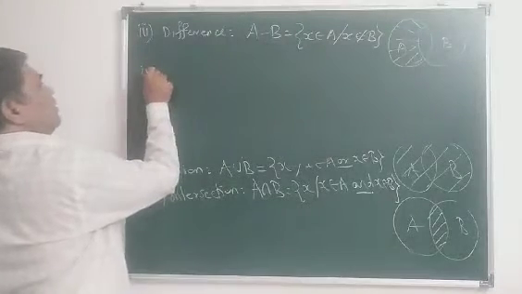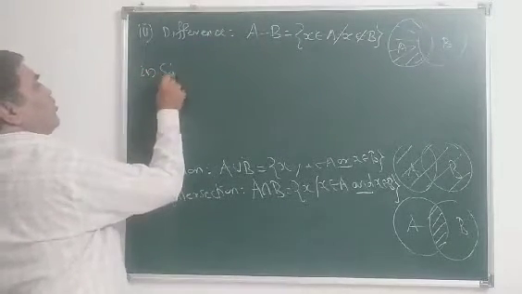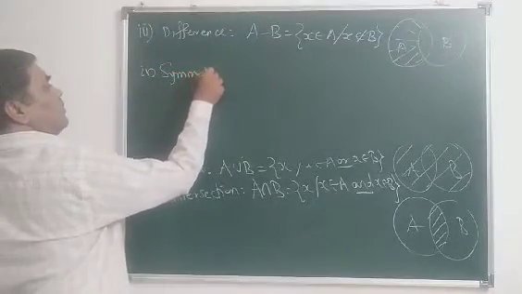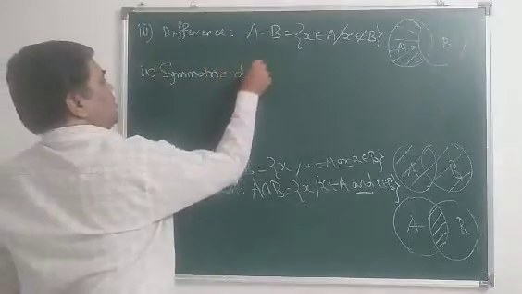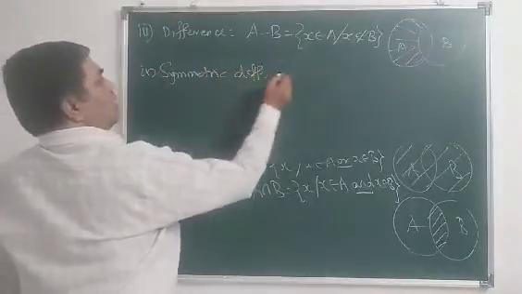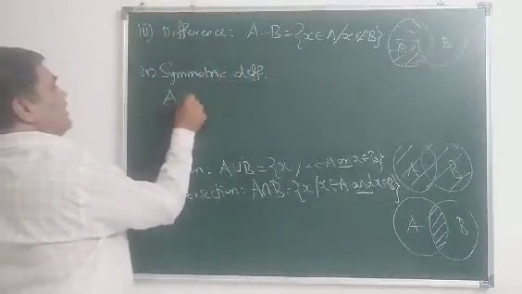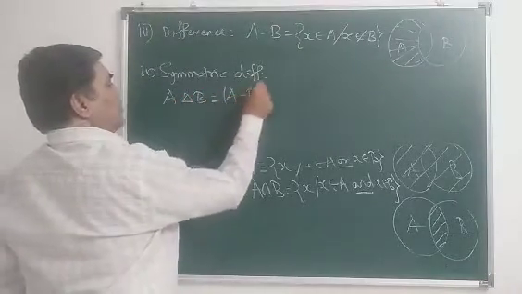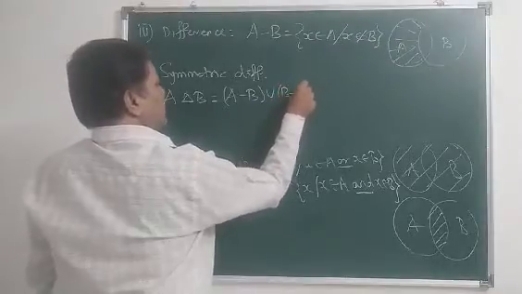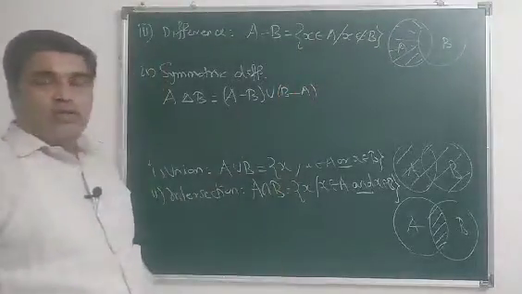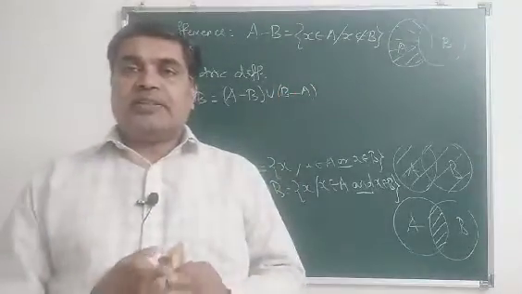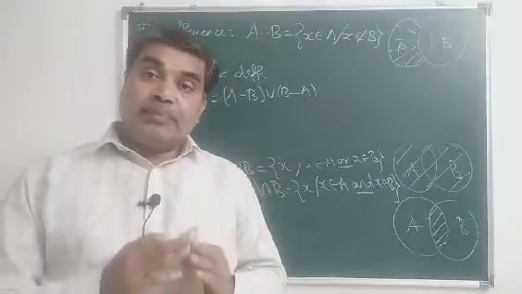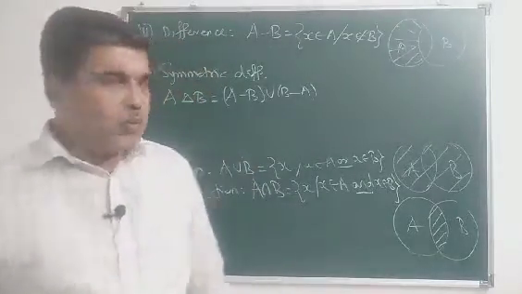Fourth one, the symmetric difference operation. The symmetric difference of A and B is nothing but A minus B union B minus A. So it is the set of those elements which lie in A or in B but not in both.